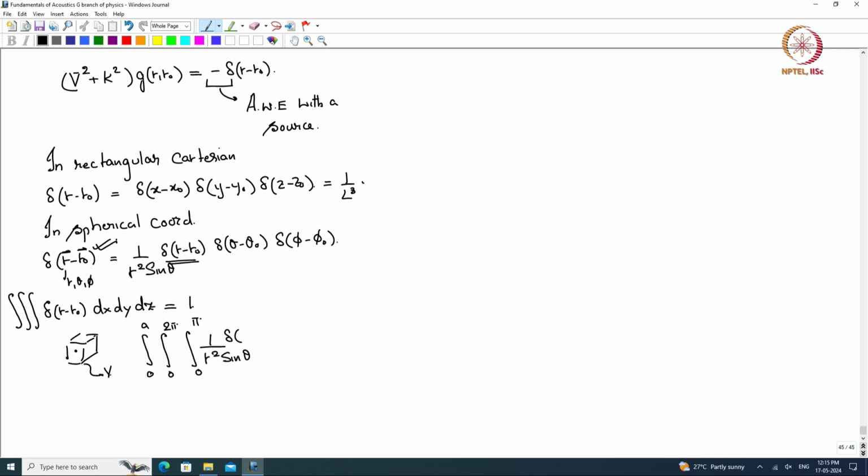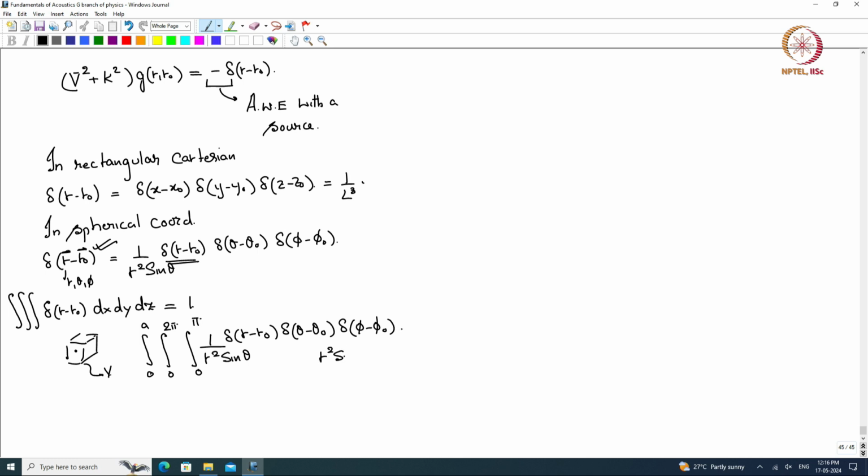So, I have delta of just the r coordinate, delta of the θ coordinate, delta of the φ coordinate, and I am doing it in spherical.